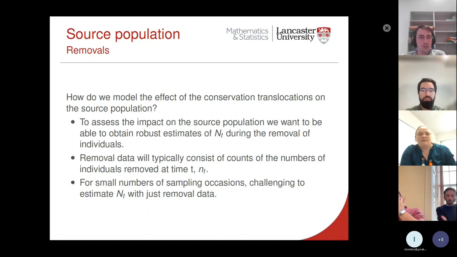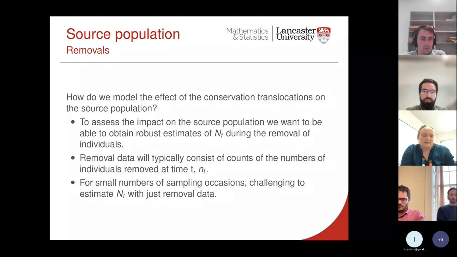So if we want to assess the impact on the source population, we really need to obtain those robust estimates of N, as I mentioned, but we need to do that while accounting for the removal of individuals. And there are a number of problems with this.